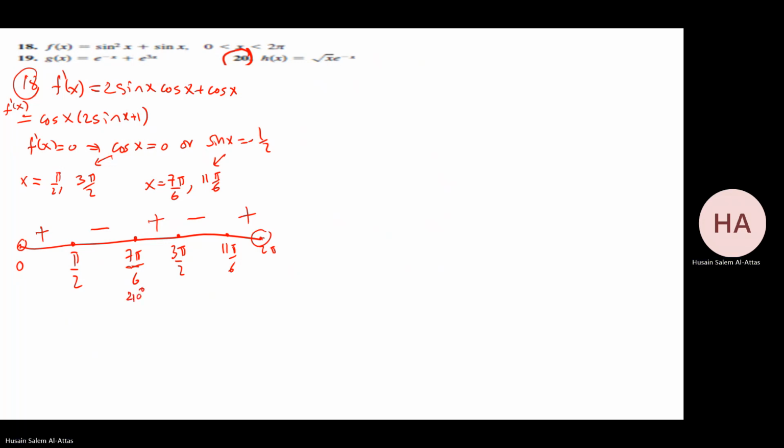And this one 270. So you can take, for example, 240. Sine is minus square root 3 over 2. And that will be negative, that will be negative, so that will be positive. Here you can take, yeah, 11 pi over 6 is what?